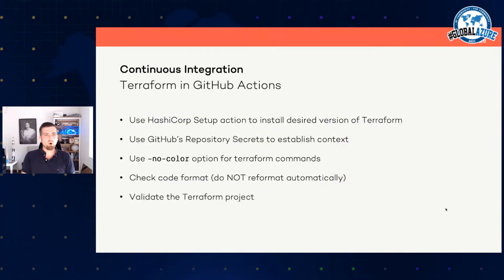Next is how we can move further towards automated infrastructure. Terraform offers a so-called action that we can use in GitHub Actions to install a certain version of Terraform in our CI process, and then we can just use a regular bash script or the script action to invoke our Terraform commands in the CI pipeline.